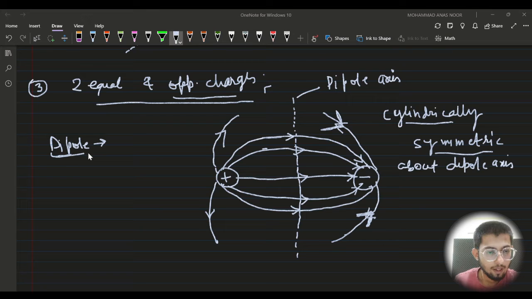And now let us take another case. One thing, I left a point here. We were discussing the properties of electric field lines, and I left a point that the electric field lines contract lengthwise.